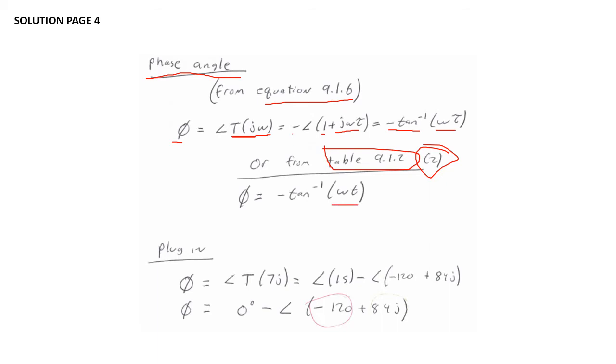Now we can plug in our known values and find that phi is equal to the angle of T of 7j, which is equal to the angle of 15 minus the angle of negative 120 plus 84j, which we had from our previous slide. This is equal to 0 degrees minus the angle of negative 120 plus 84j.